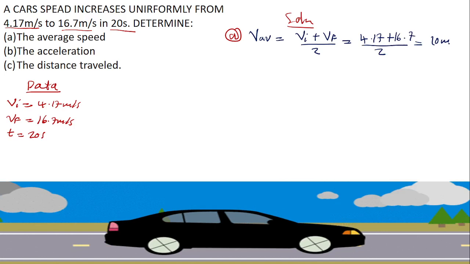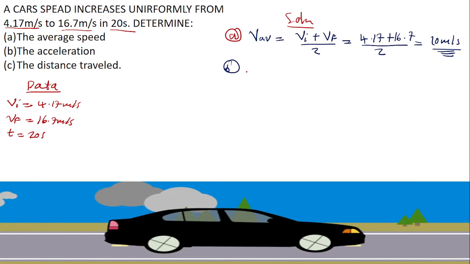We can go to B. B is also easy if you know the formula. Since we have the initial velocity, the final velocity, and the time, it's very easy for us to say acceleration is equal to change in velocity over change in time.